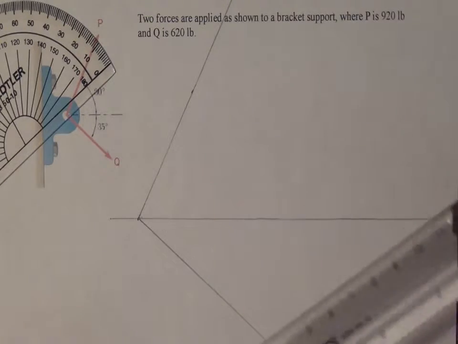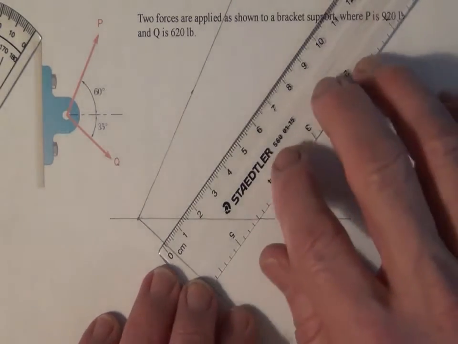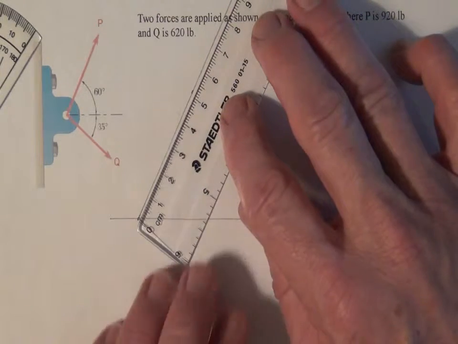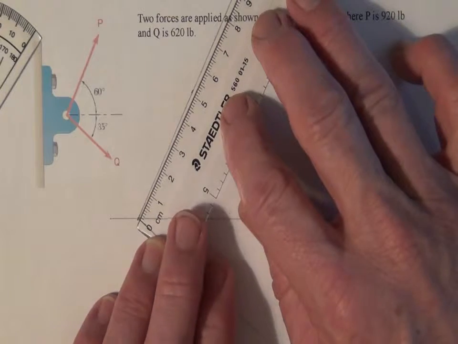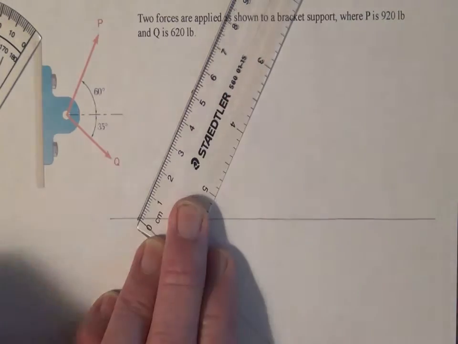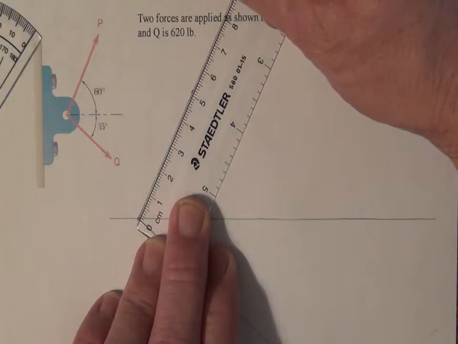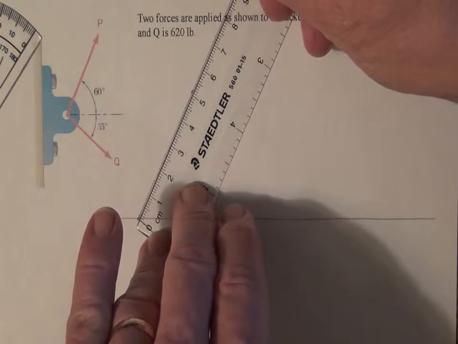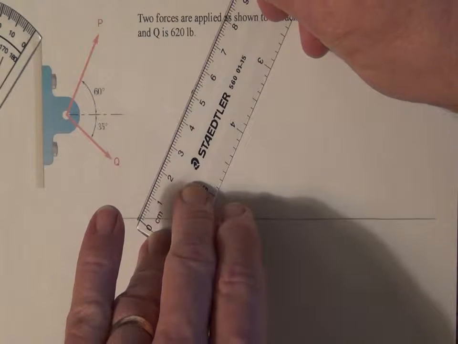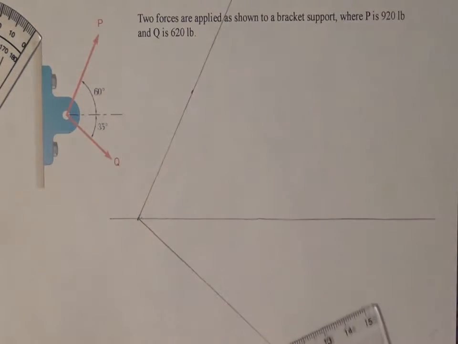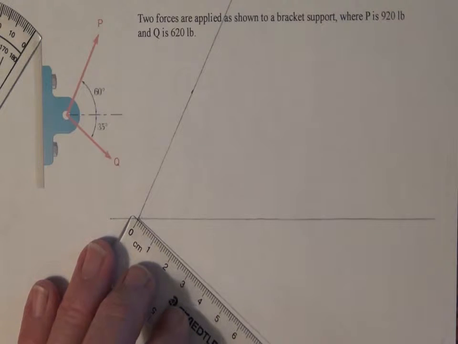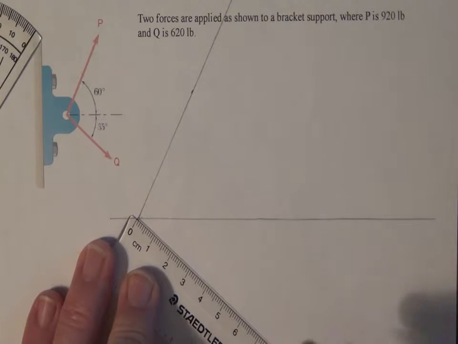I'm going to choose 1 centimeter equals 100 pounds. So at 920, which was the numbers I had for this case, the magnitude is there, and at 620, which again are the numbers I had, you may have had different numbers.